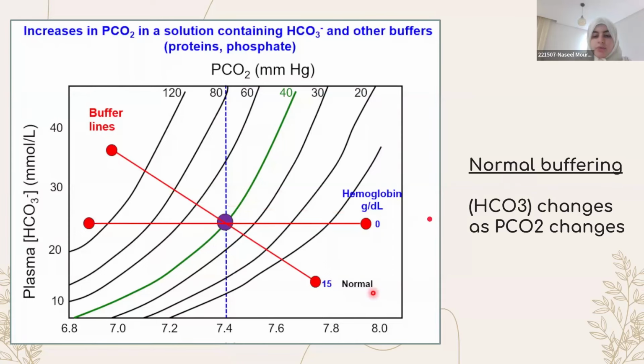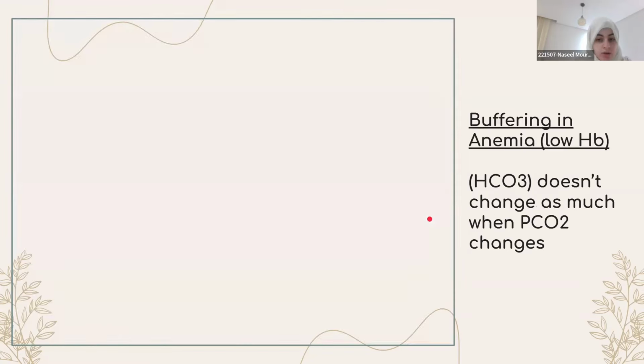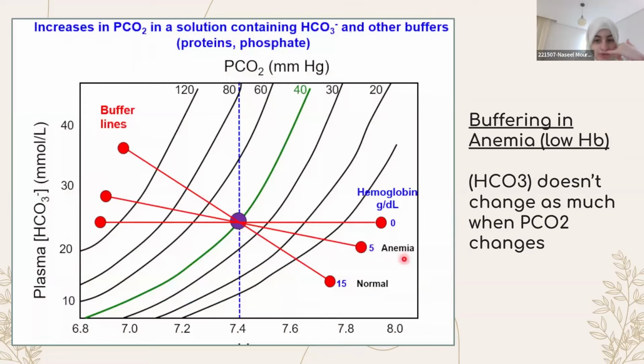Now let's say, for example, that a person has anemia, and their hemoglobin goes down to 5, theoretically speaking. Now you can see that the changes in bicarbonates are not high enough. Why is that? This is because you're having less amount of protein.